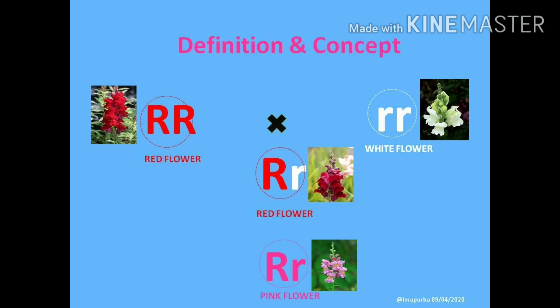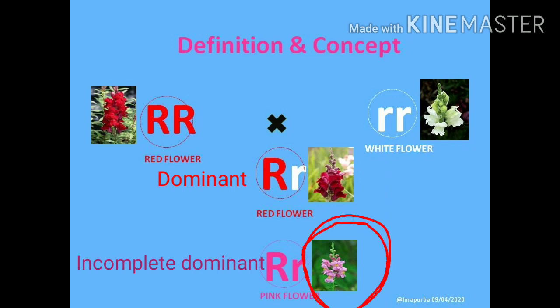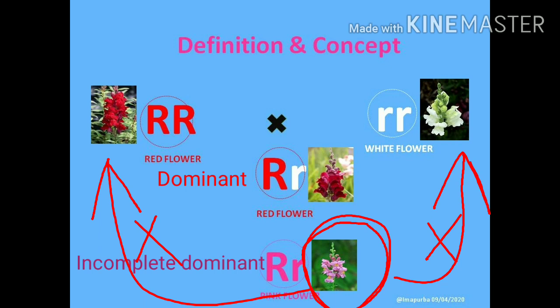This is a case of incomplete dominance. So I hope you can differentiate the dominant and the incomplete dominant. That's why I have placed it in the same slide. Here this intermediate F1 hybrid is not going to be similar to any of its variants. That's why it is incomplete dominant.